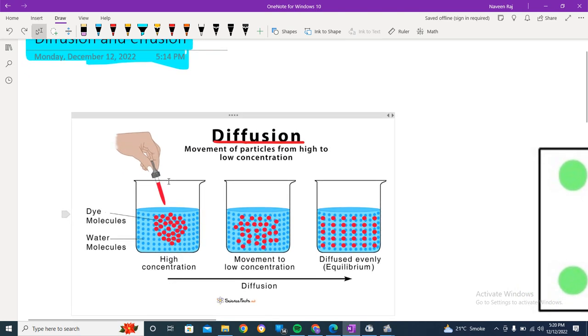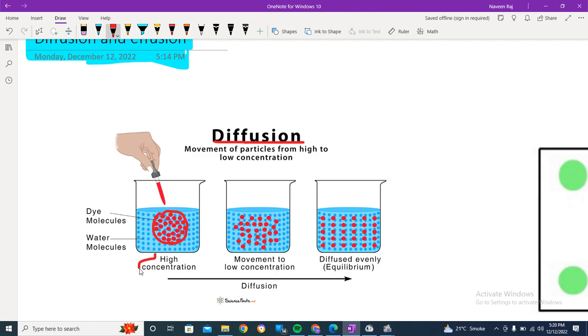Now, if you can see here, there is an example given. You take some ink drops and pour them into the water bottle. Then see the place you have just poured. The point where you dropped it is the higher concentration, right? These are the water molecules, and these are the dye molecules, the ink molecules.